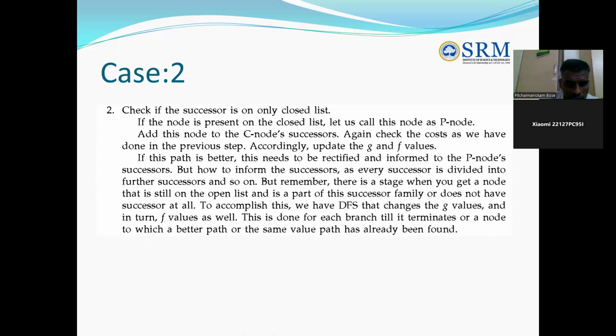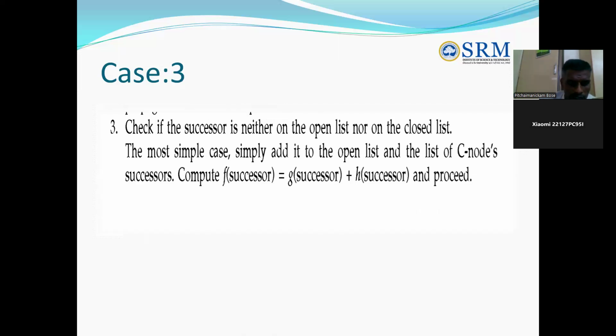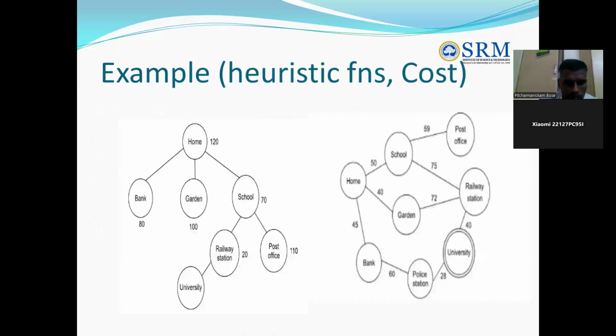The third case is to check if the successor is neither in the open list nor in the closed list. So we simply add it to the open list and to the list of C node successors. f of successor is equal to g of successor plus h of successor, and proceed. So these three cases are considered for solving this problem.